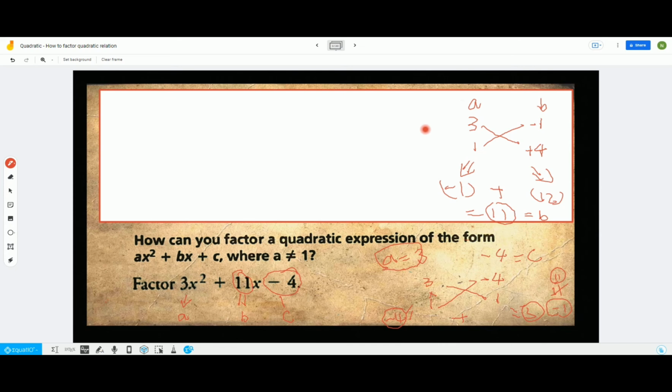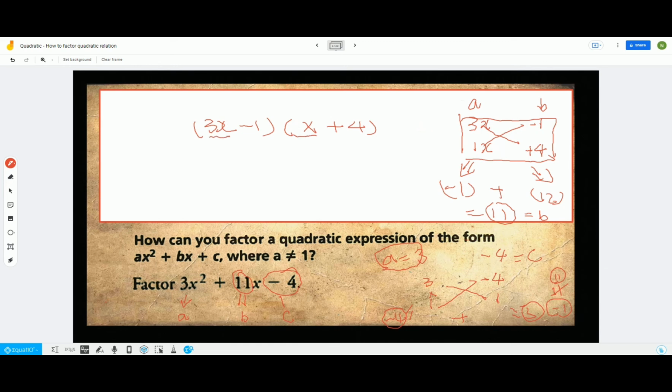Right? So look at this. In this first row we put x here, and this is the second row. We just copy 3x minus 1 and x plus 4. We factor out. And let's check whether it's correct or not, right?